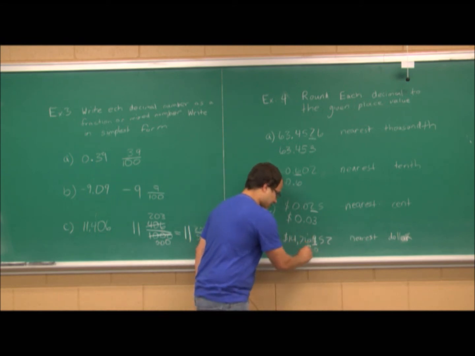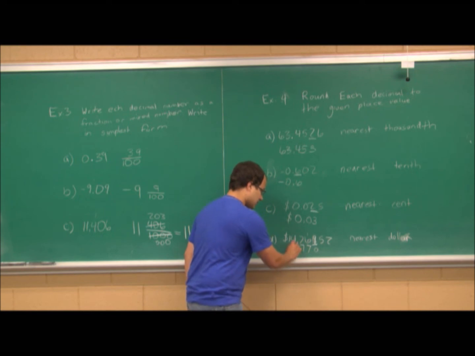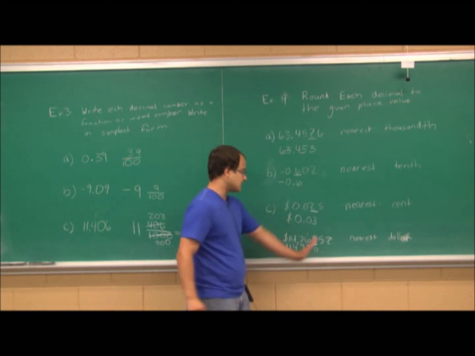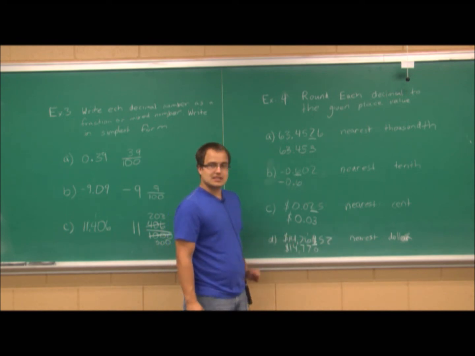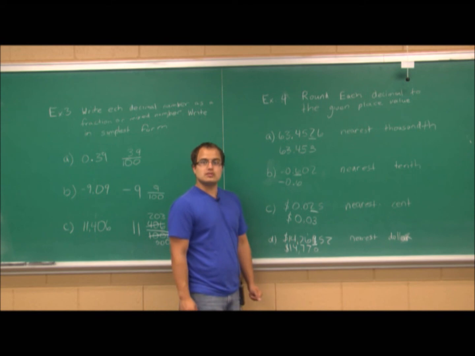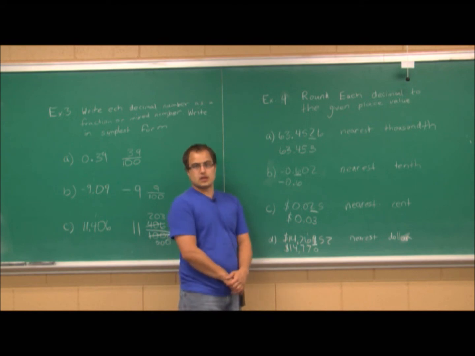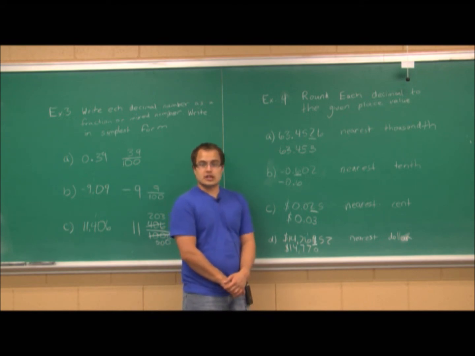That becomes a 7. That stays a 7. 4, 1. And again, since these are decimals, I just drop them. So $14,769.52 rounded to the nearest dollar is $14,770. And that's the conclusion for Introduction to Decimals.